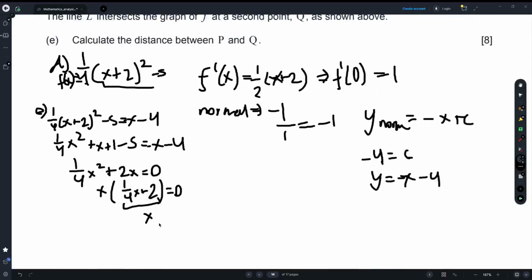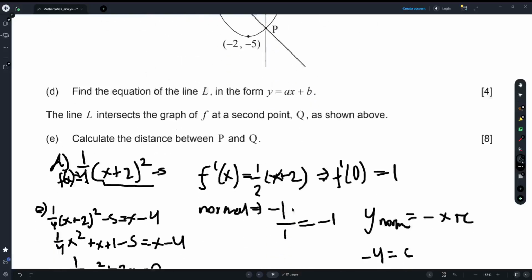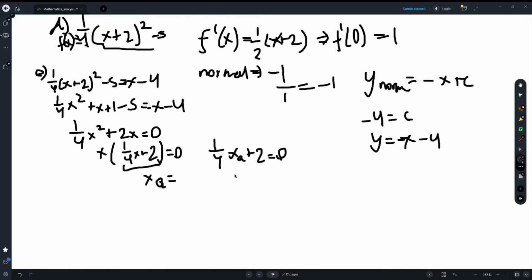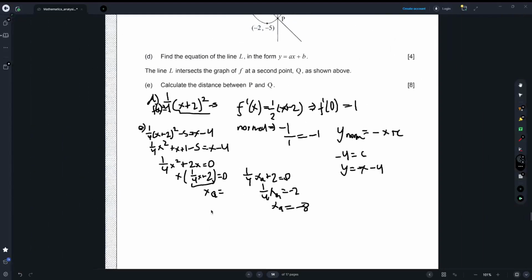So x of Q is, yes, 1/4 x of Q is going to be minus 2. So x of Q, multiplying by 4 on both sides, we just get minus 8. Perfect.